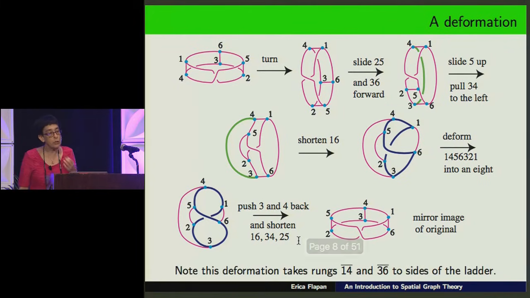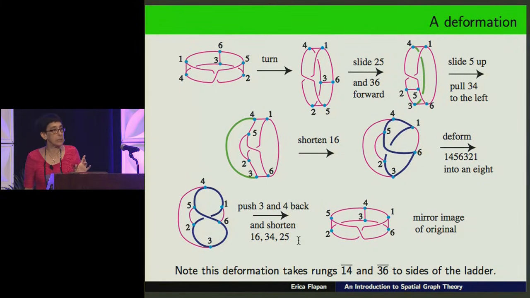However, one thing you should observe is that if you look at the rung, well, I call it a rung because it was on a ladder, the rung 1, 4 or 3, 6 in the first picture, and you look at the edge 1, 4 and 3, 6 in the second picture, they went from being these vertical rungs of the ladder to being part of the side of the Mobius strip, if you think of it as a Mobius strip.